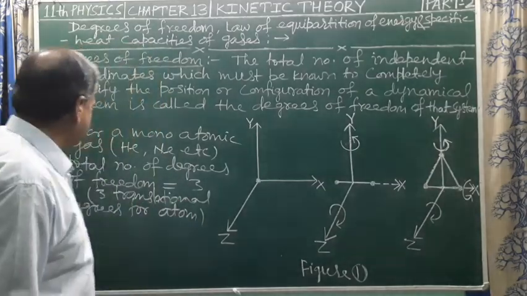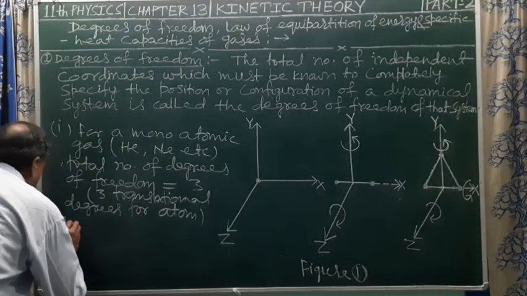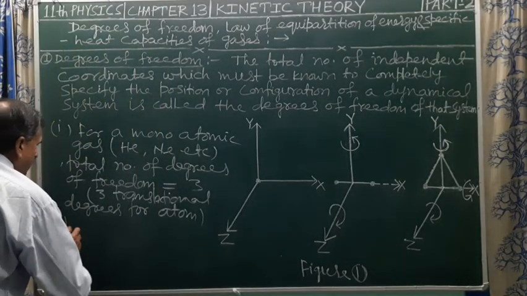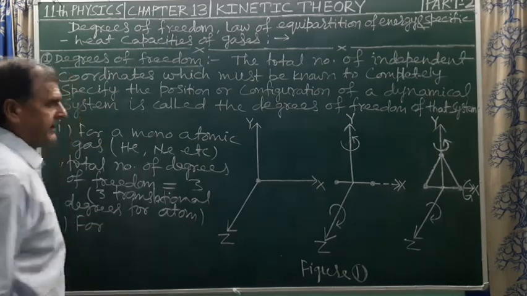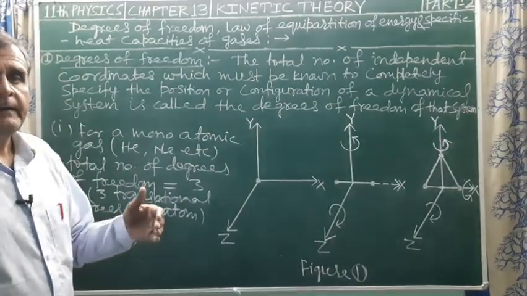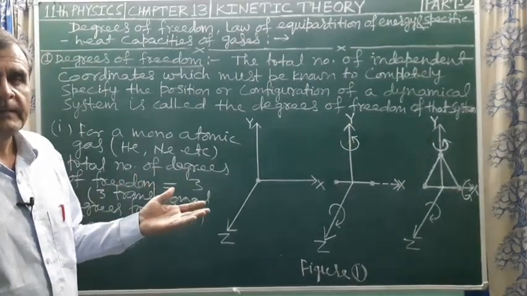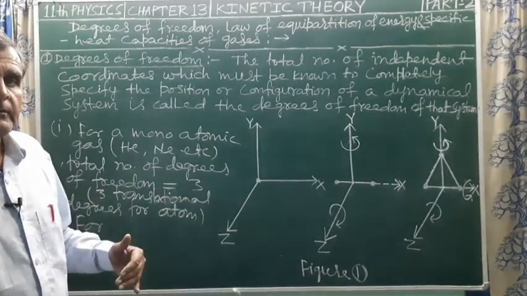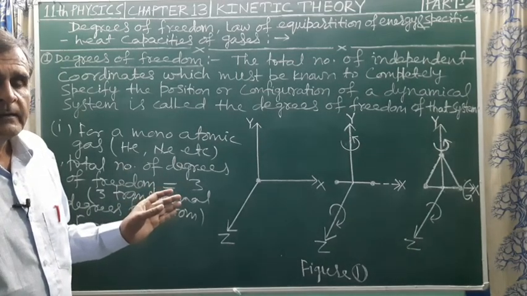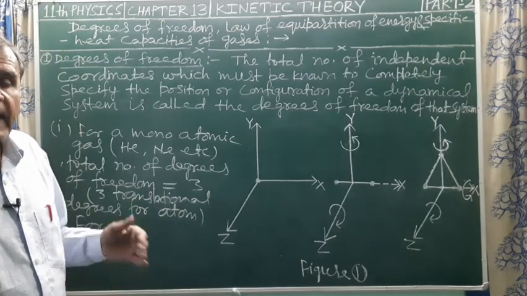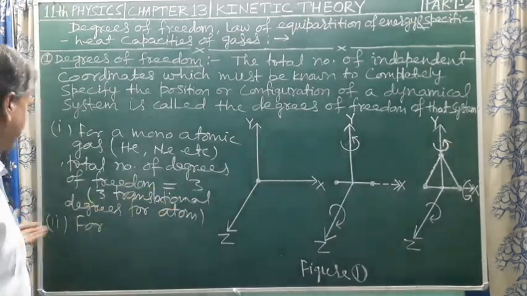So total degrees of freedom for a diatomic gas are 3 translational degrees of freedom and 2 rotational. Therefore, total degrees of freedom for a diatomic gas molecule are 3 plus 2, that is 5.